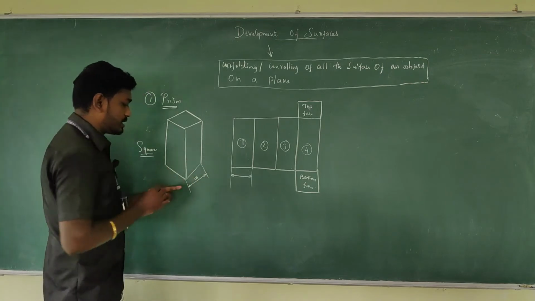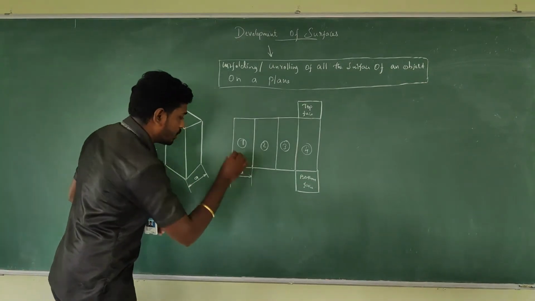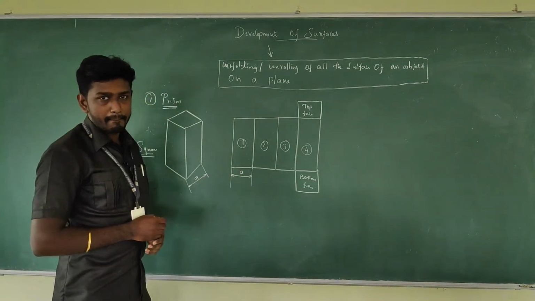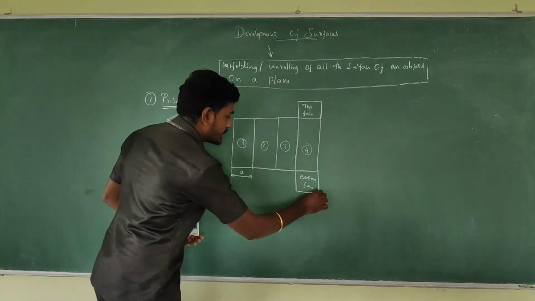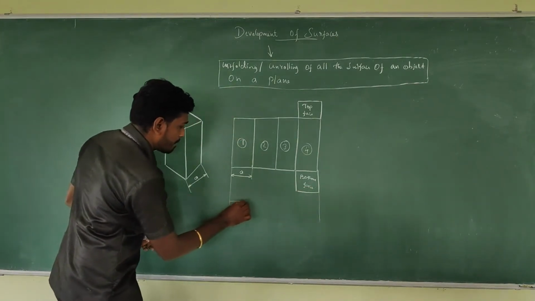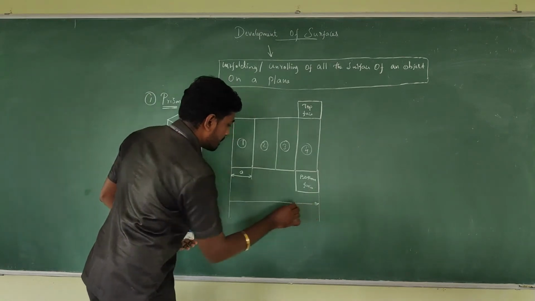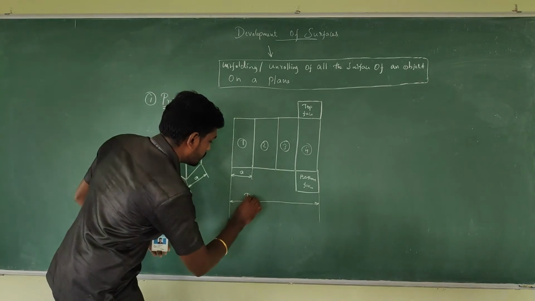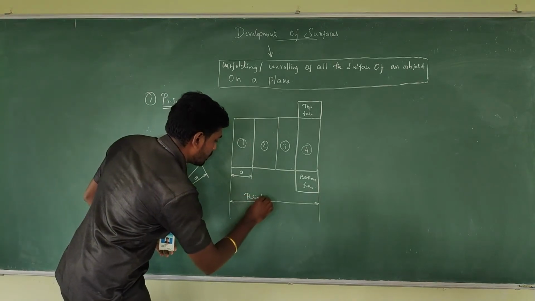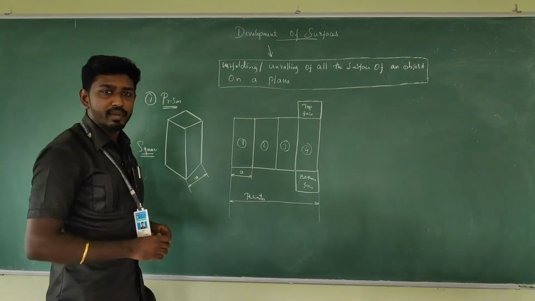If the base edge is A, then it gives the distance A. And the full length of the stretch out is equal to the length of the perimeter.